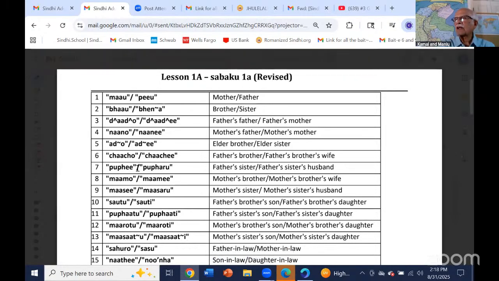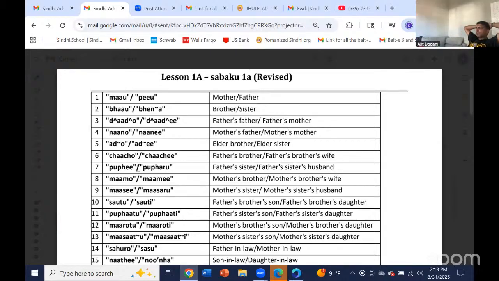In English, will they call anything else but auntie? Puppi. Her husband is Pupparu. Mukhe hikri puppi, hiku pupparu ahe. Puppi is feminine, pupparu is masculine.